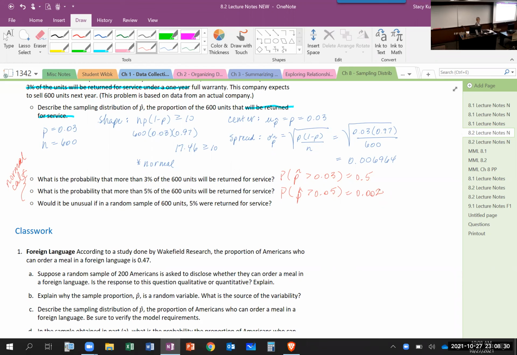If you're thinking quality control, this is the kind of thing you want to be thinking about. How can I use statistics to help me in a business sense? Would it be unusual to have 600 units with 5% of them returned? Yes, it would, because this probability is so small. So yes, it would be unusual.